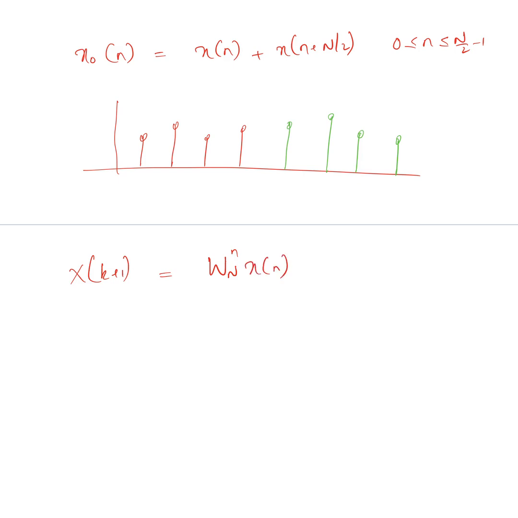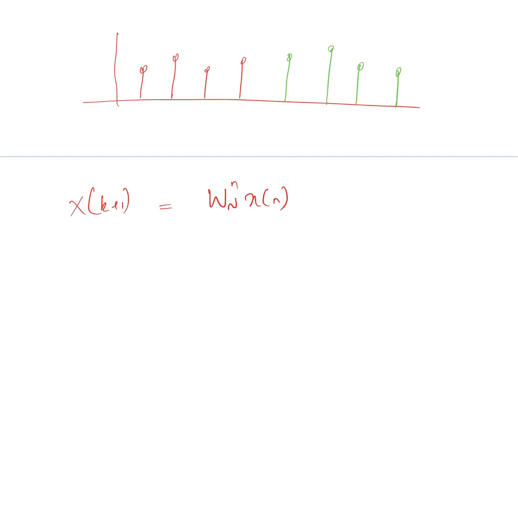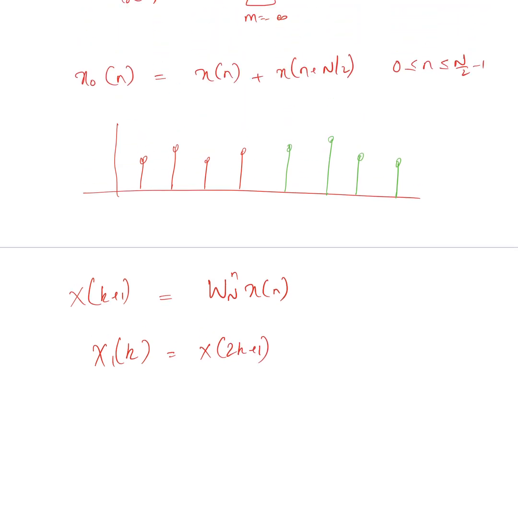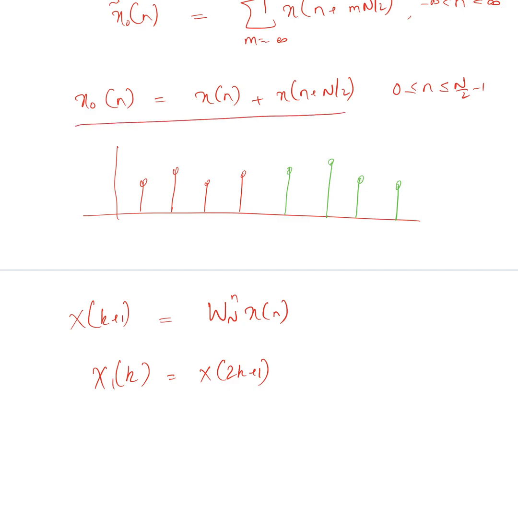This we had seen while studying the properties of the discrete Fourier transform. So therefore, the n by 2 point sequence x1 of n corresponding to X1 of k equal to X of 2k plus 1 is obtained in a similar way to what we had seen here.